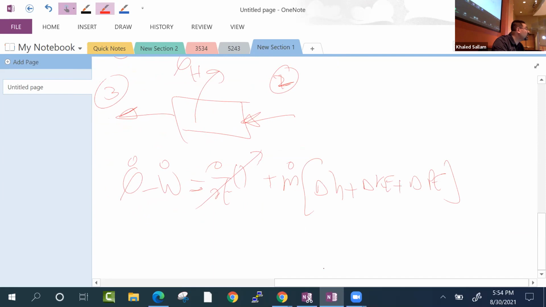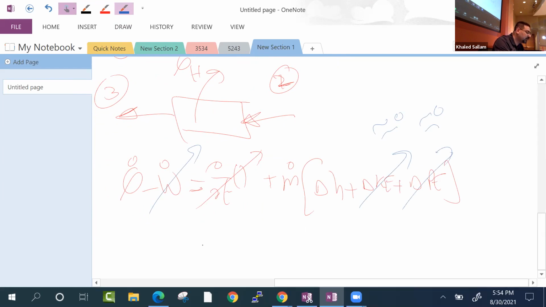So it's nice to start here so that you remind yourself, I'm going to neglect this and this. And since this is a condenser, I'm going to neglect this. When it's a compressor, I'm going to neglect the Q, right?